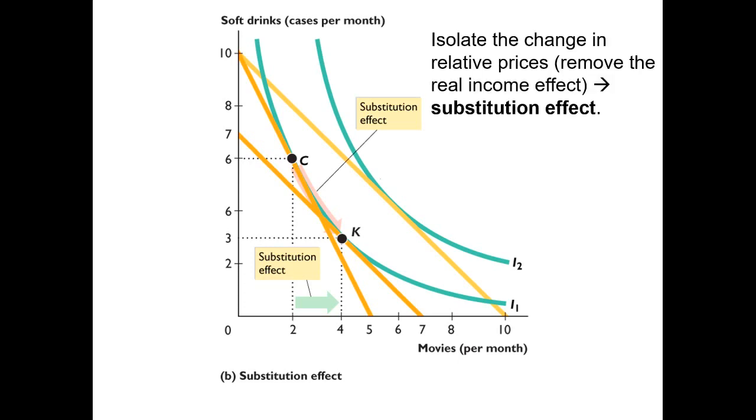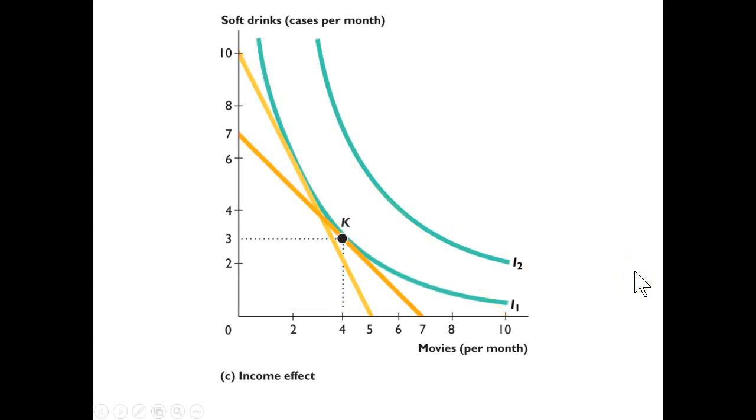So here we've isolated the substitution effect, which means the remainder of the increase in the quantity demanded must be due to the income effect. It must be due to shifting the budget line outwards.